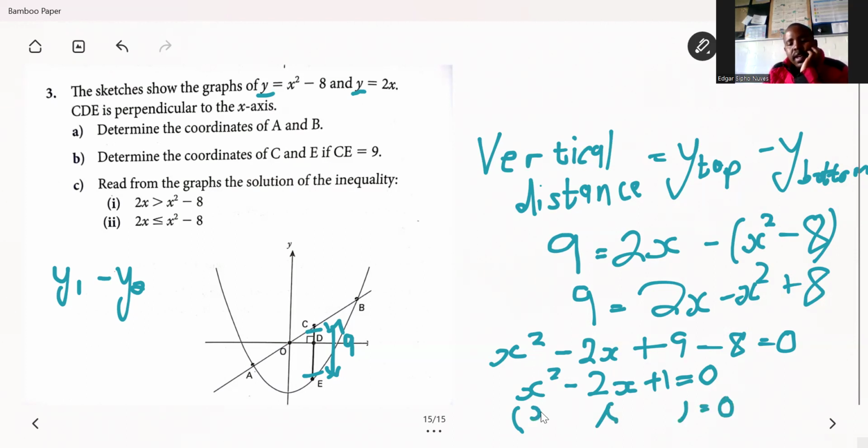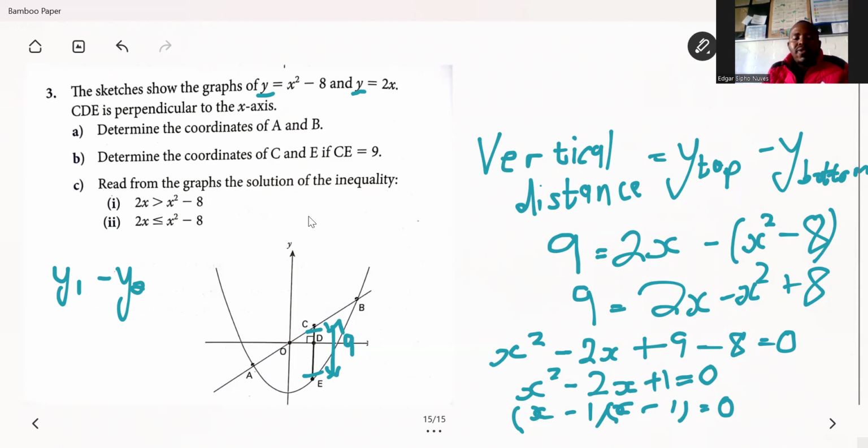Then this is (x, 1)(x, 1). Plus means the signs in the brackets are the same, so this is minus, minus. So we get x minus 1 equals 0, or x minus 1 equals 0.